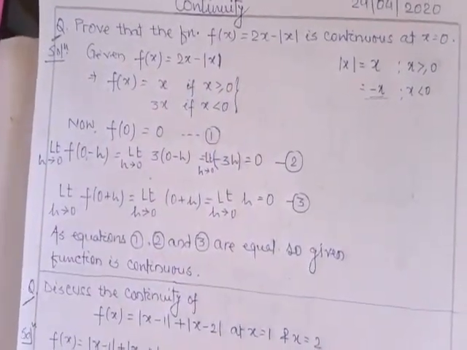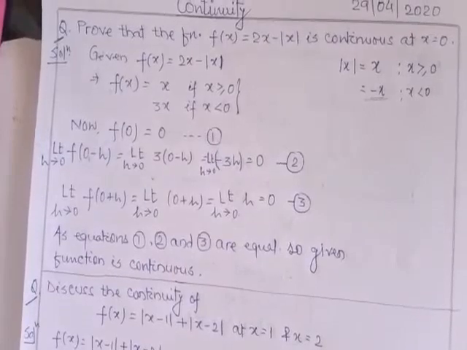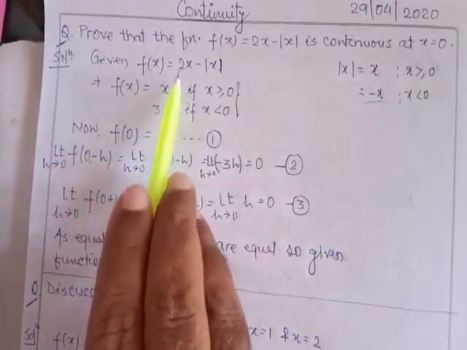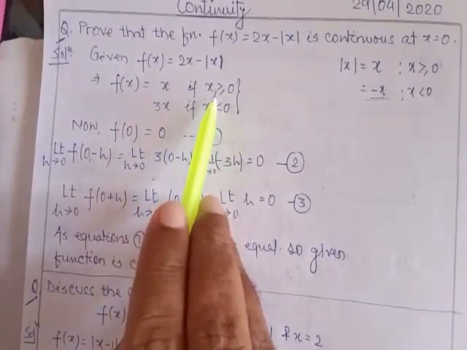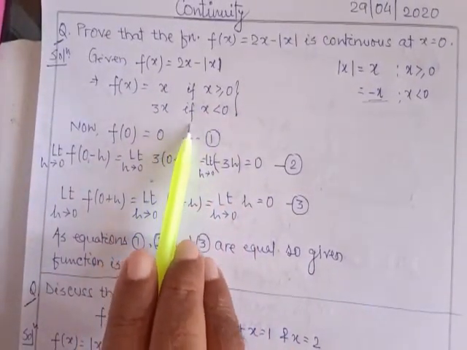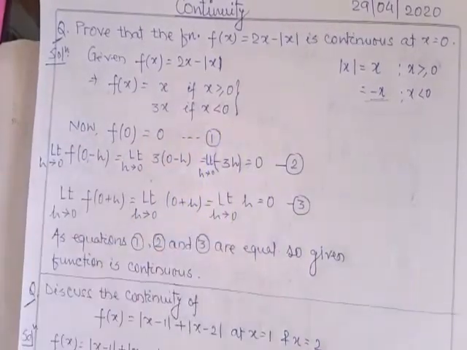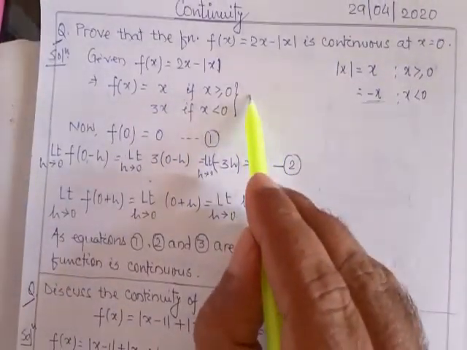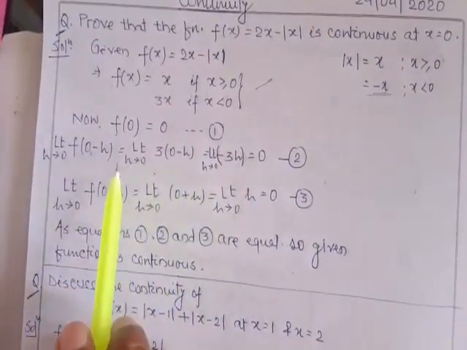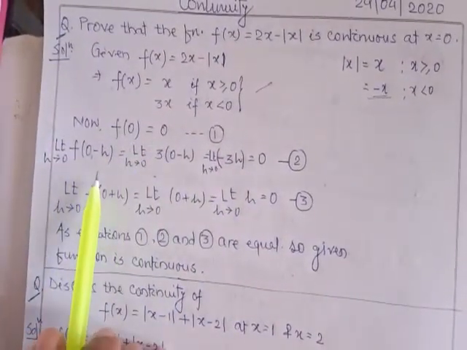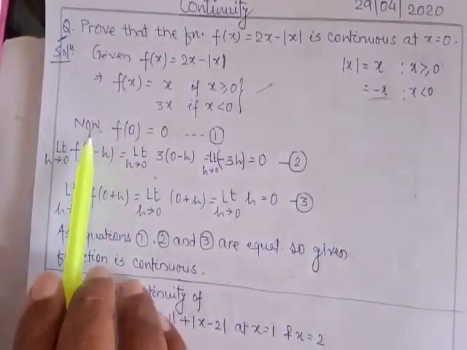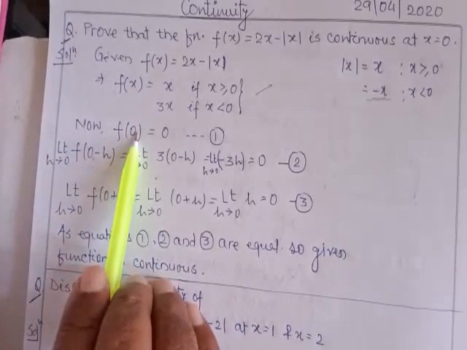Hence the given function can be written as f(x) = x if x ≥ 0 and f(x) = 3x if x < 0. By using this function, now proceed to discuss the continuity of the function.